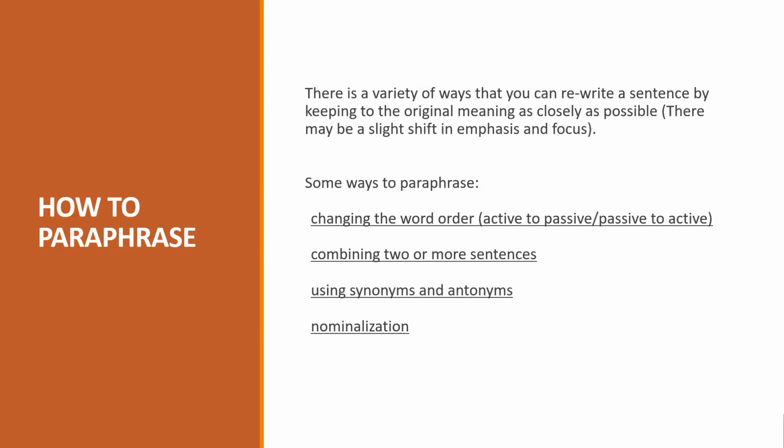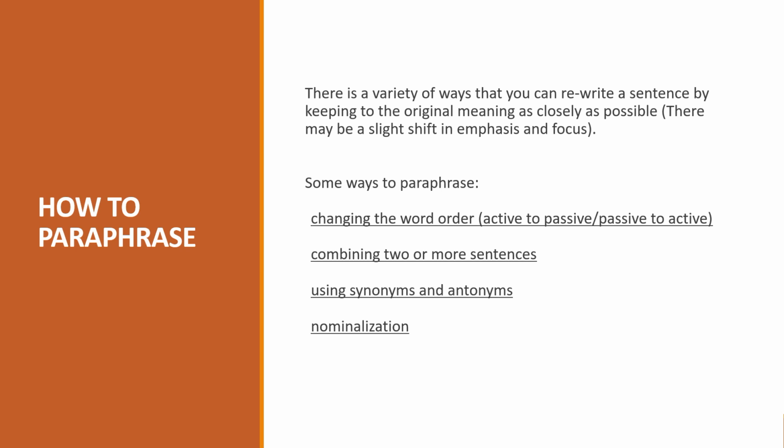So far, we have had ideas about why we need paraphrasing. Now, let's talk about how to paraphrase. You can rewrite a sentence by keeping to the original meaning as closely as possible. Although there might be slight shifts in emphasis and focus, the meaning will be similar. So, don't worry about it.